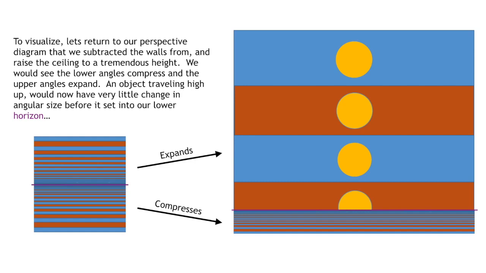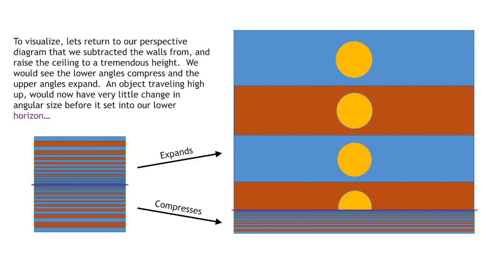To visualize this, let's return to our perspective diagram that we subtracted the walls away from and raise the ceiling to a tremendous height. We would see the lower angles compress and the upper angles expand correspondingly. An object traveling high up would now have very little change in angular size before it sets into our lower horizon.